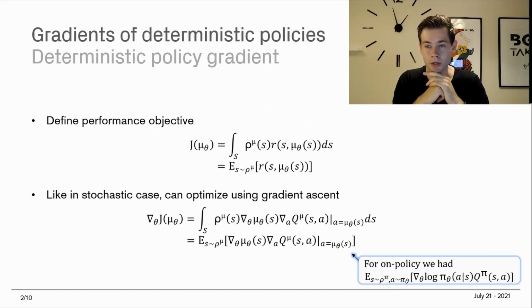This mu is indicative of the fact that we're now using our policy to guide our decisions, so we know what the action is going to be. The action is going to be the deterministic policy mu of the state s. Because it's deterministic, we can input it as a single value and we know what it's going to be. This can again be written in the form of an expectation, with the reward inside. So this could then be sampled with, for example, Monte Carlo.